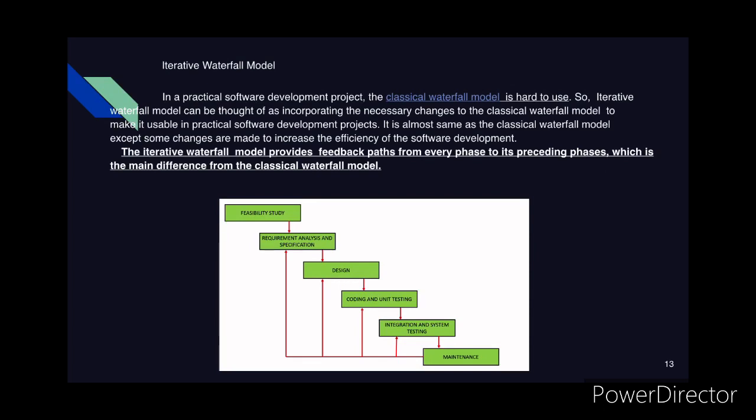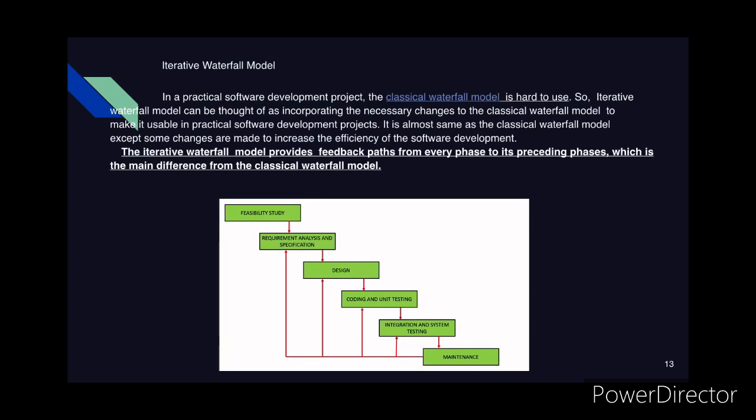In the maintenance phase, the product is already delivered to the customer. So in the maintenance phase, the customer can give the feedback, and according to the feedback we can go to the different phases. Like we can go to the design phase, or we can go directly to the coding phase, or if coding is also not required, we can directly go to the integration phase.